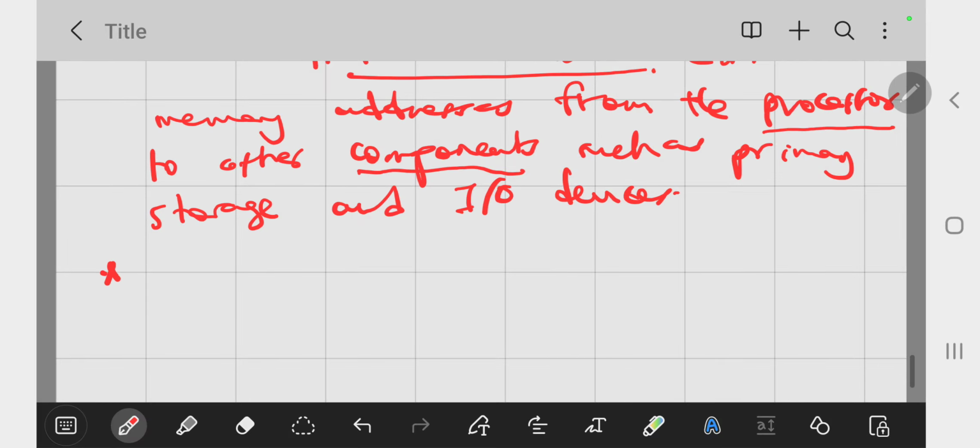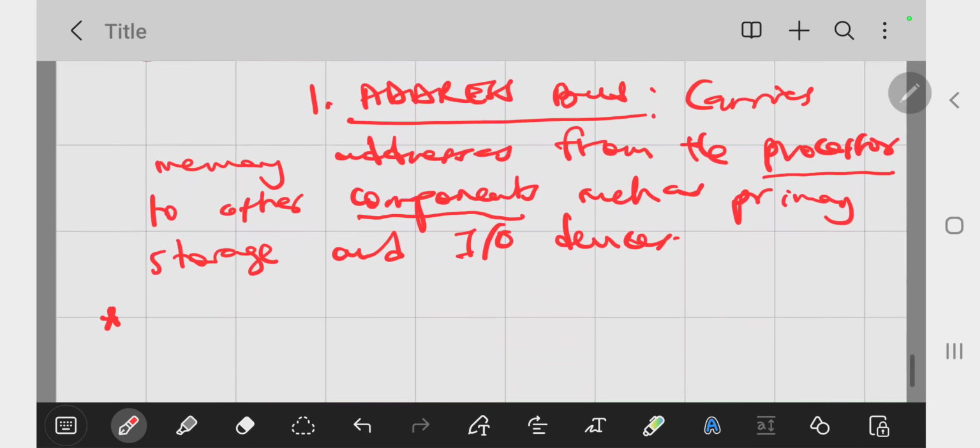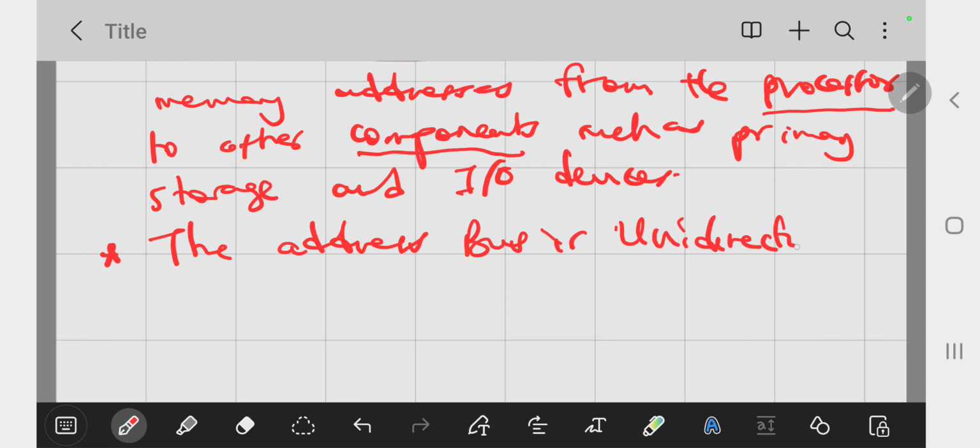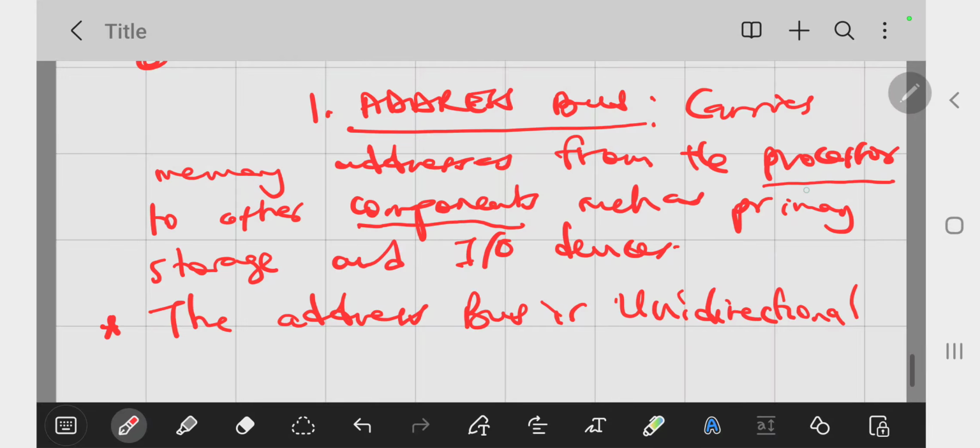So one thing you guys need to note about an address bus is the fact that it is unidirectional. So you can just say the address bus is unidirectional. In other words, it only goes in one direction, which is from the processor to other components.